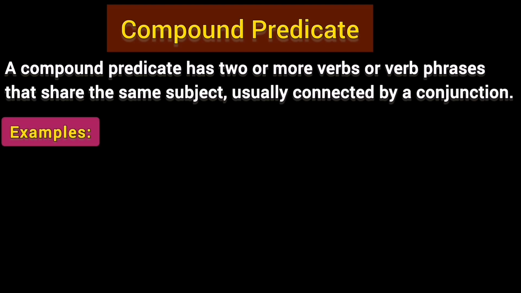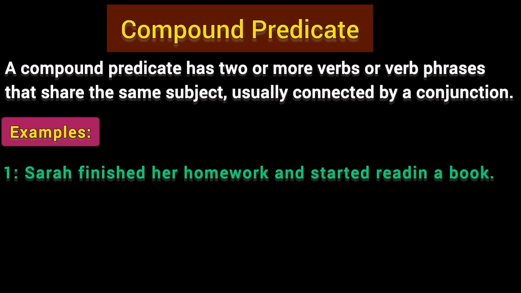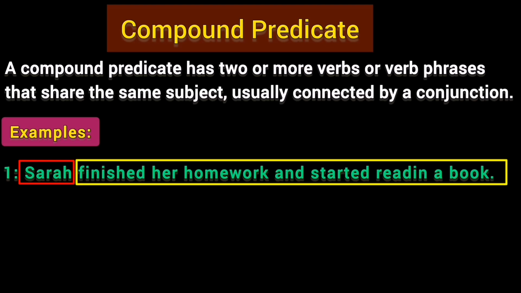Just look at these examples. Sarah finished her homework and started reading a book. Look at this sentence. Sarah is the subject and finished her homework and started reading a book is a compound predicate. There must be a question in your mind: how is it a compound predicate?